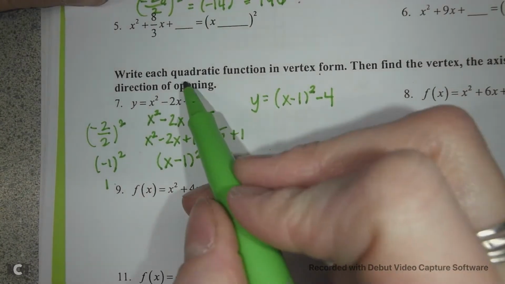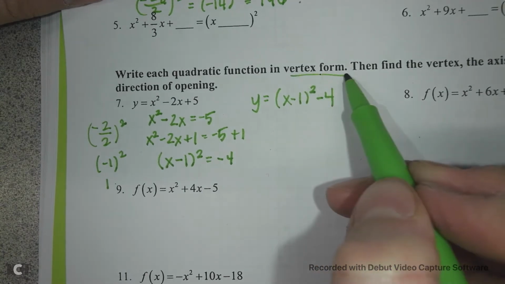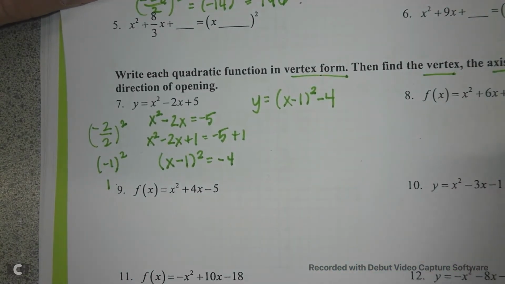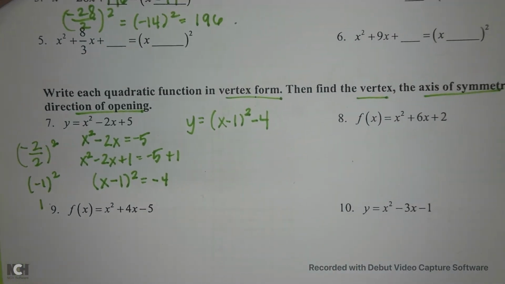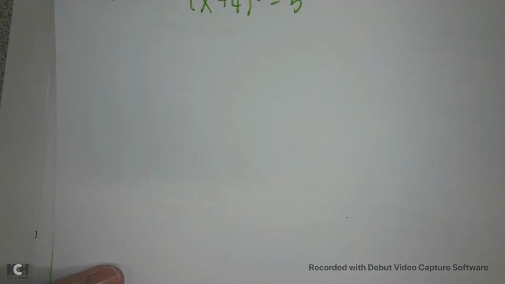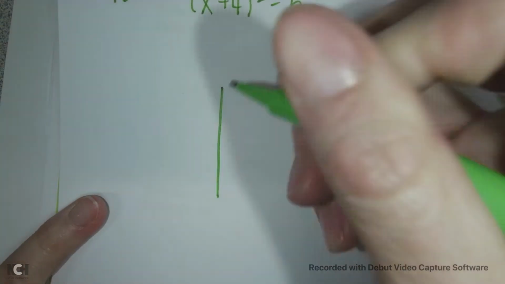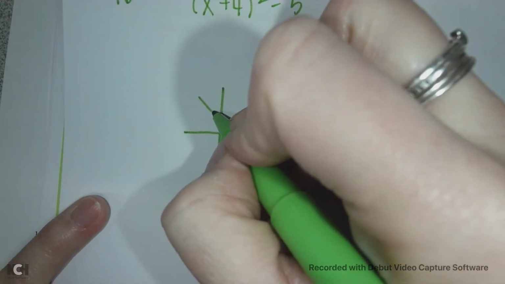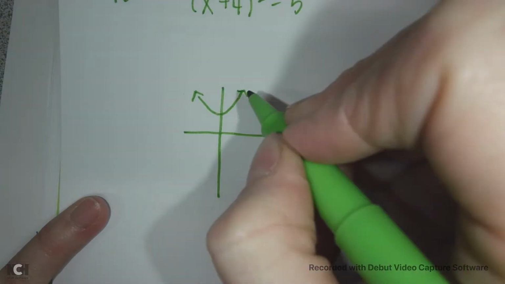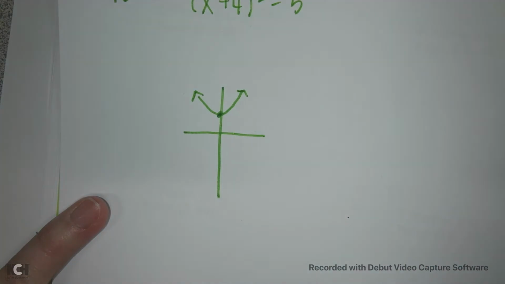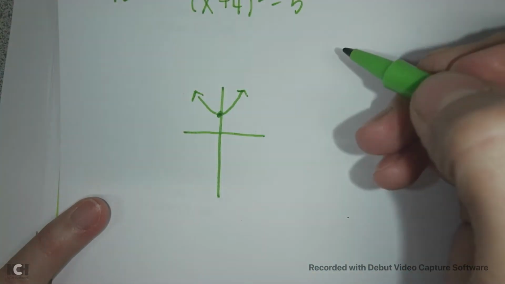So our question says, write the quadratic equation in vertex form, then find the vertex, the axis of symmetry, and the direction of the opening. So now we need to do some more notes. When you have a parabola like this, you have a vertex, and this vertex splits your parabola in half.